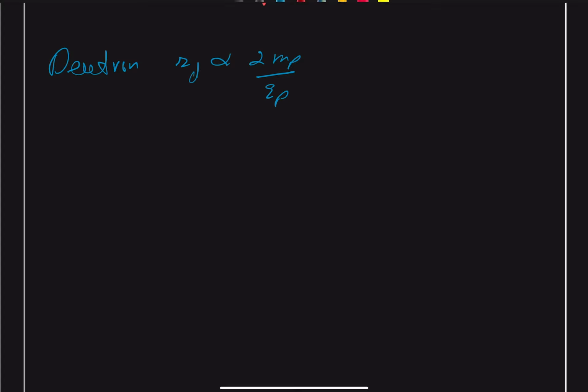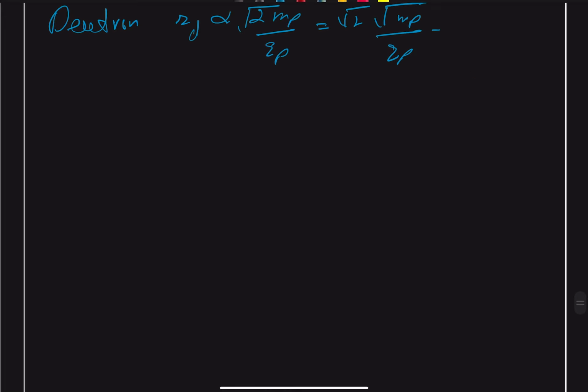This becomes the square root of 2 times the square root of mass of proton divided by charge of proton, so the radius of deuteron will be equal to the square root of 2 times the radius of proton.